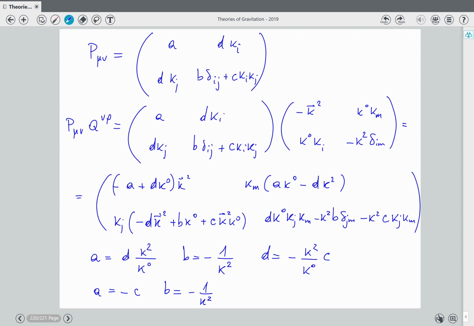So a is d k squared divided by k0. B is minus 1 divided by k squared.